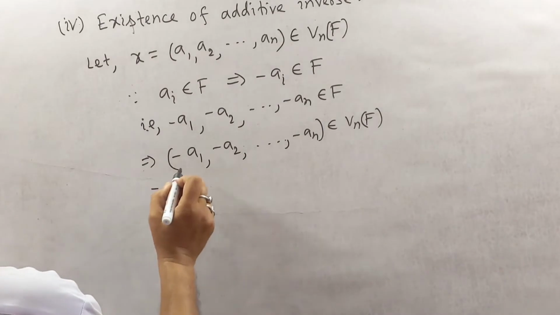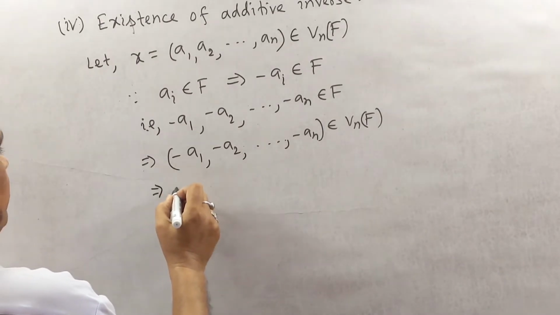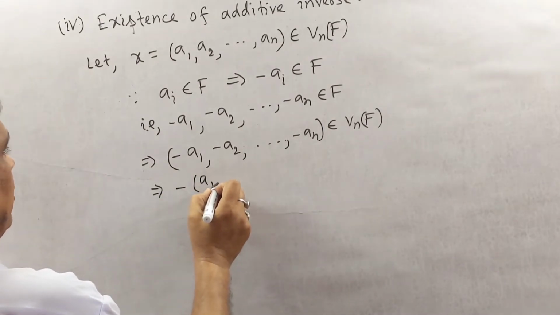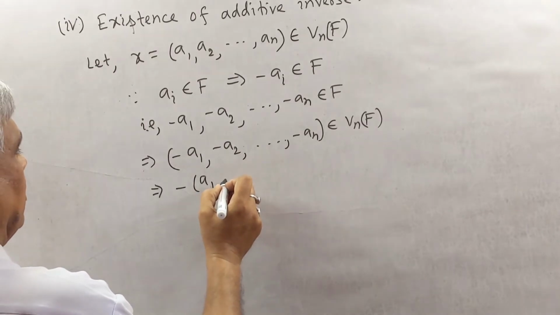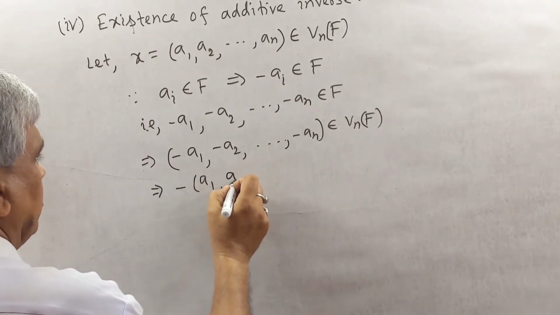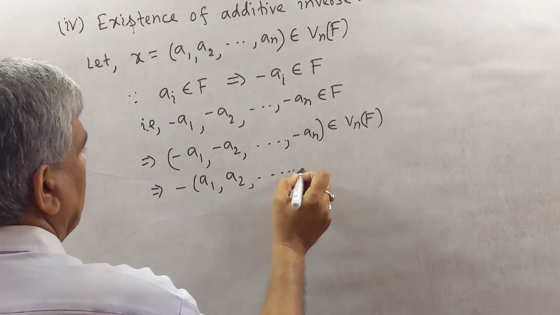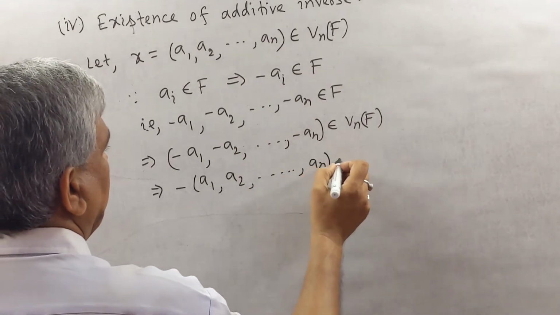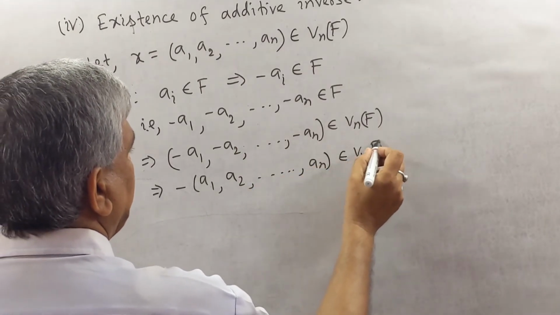According to scalar multiplication, we may write this (minus a1, minus a2, ..., minus an). This belongs to VnF.